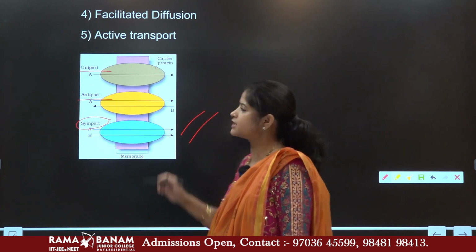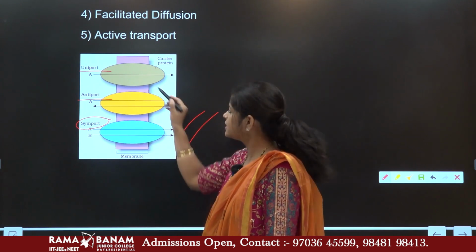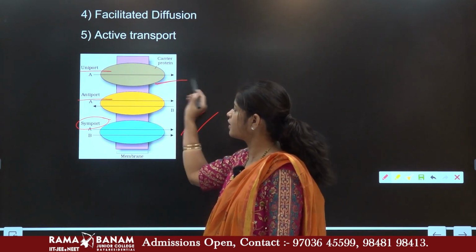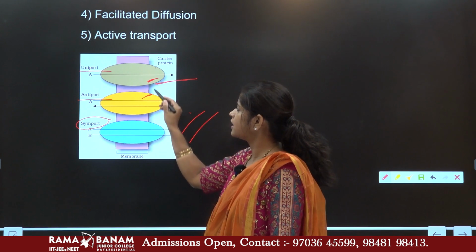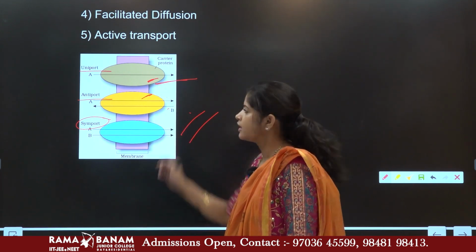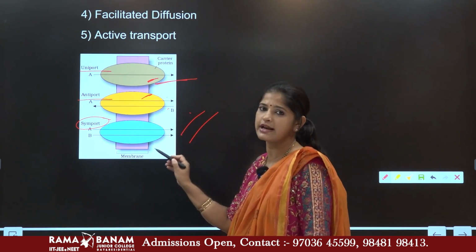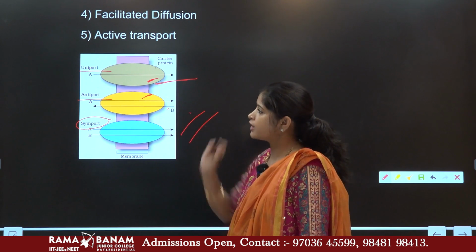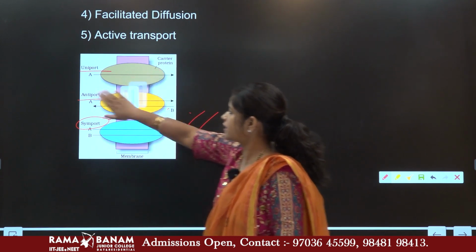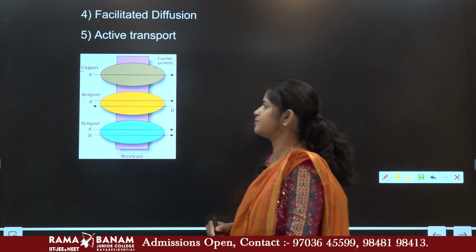So what is the difference between uniport, antiport and symport? This structure you are looking at, what is this structure? This is the protein, the transmembrane protein. Then the diffusion is facilitated diffusion.